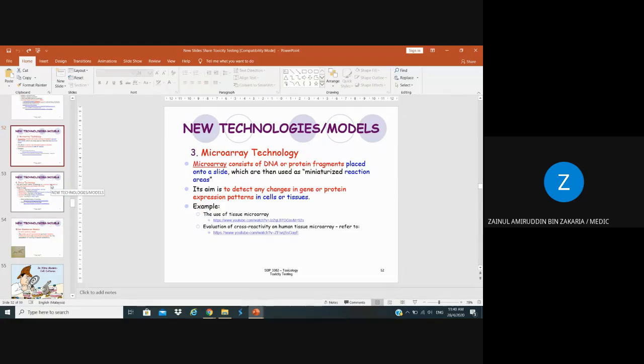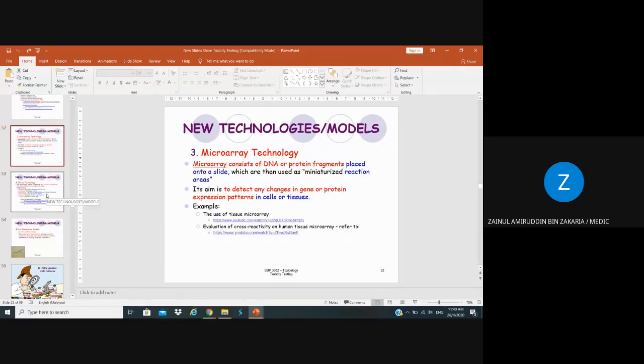For your final year project, maybe some of the lecturers later will give a title related to microarray, for example, the use of microarray to study anti-cancer. So what is microarray? You go and read now, so that you know, and if you're interested, you can book that lecturer.